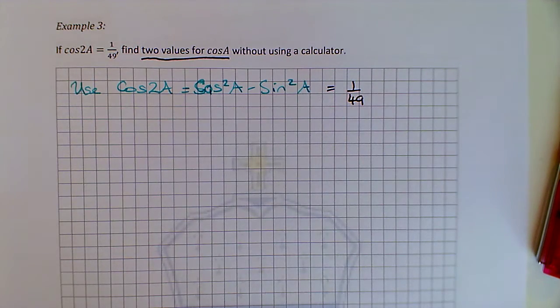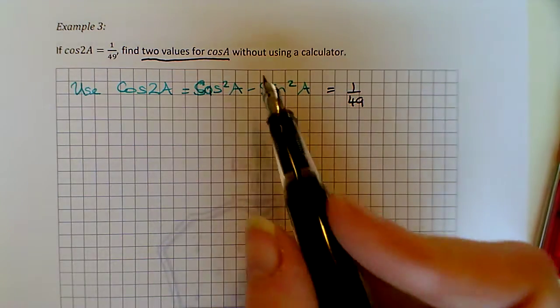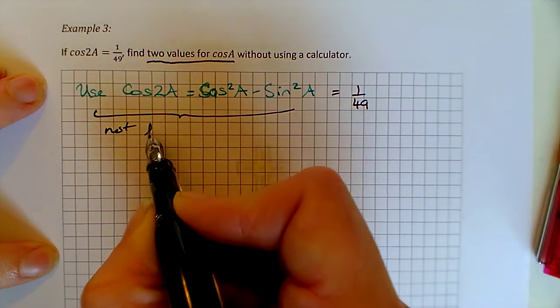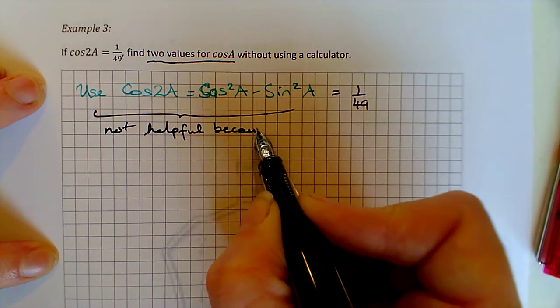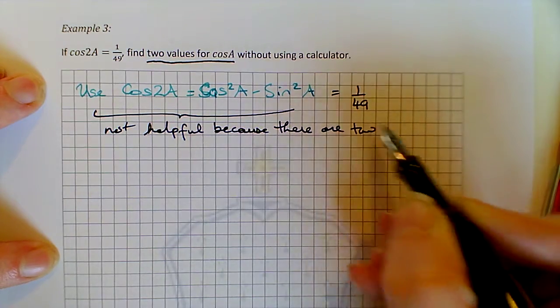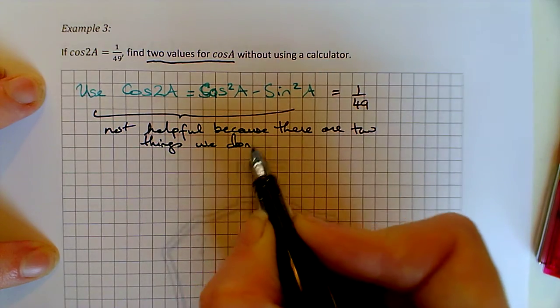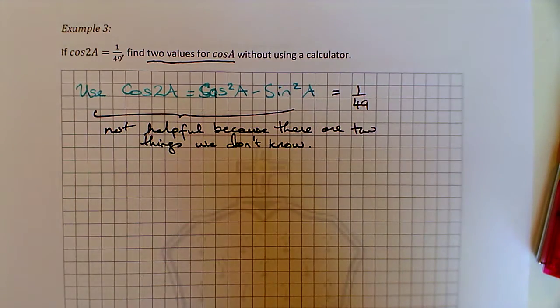Okay, so this isn't a helpful formula to use, not helpful because there are two things we don't know. We don't know cosine and we don't know sine. So what are we going to do about it?